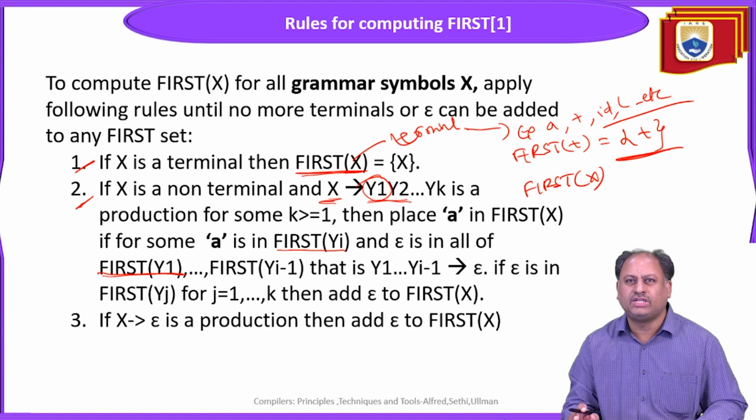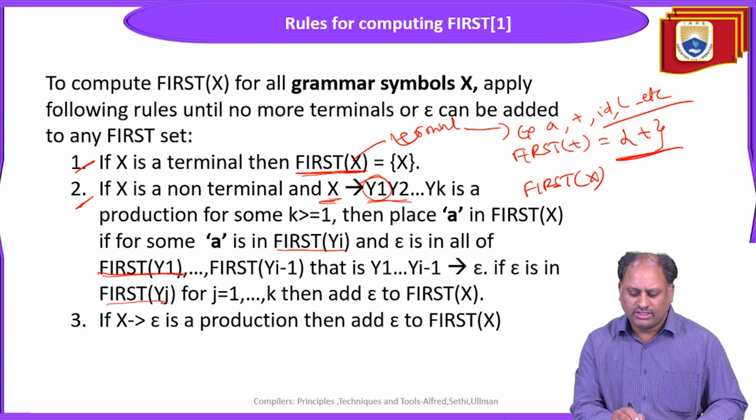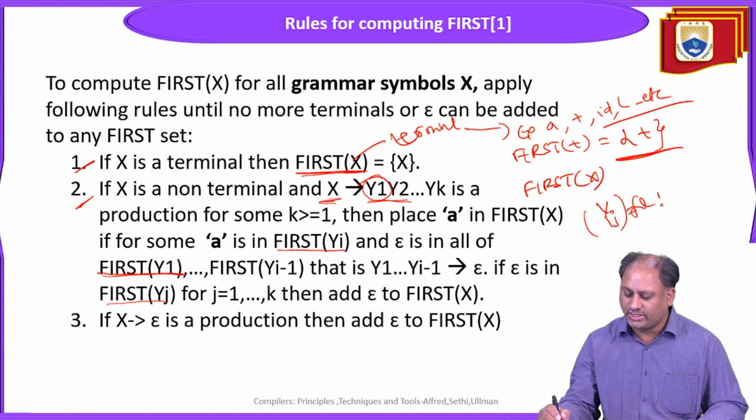That is the case of first of Yj, where Yj, Y suffix j, is for j equal to 1 to k.